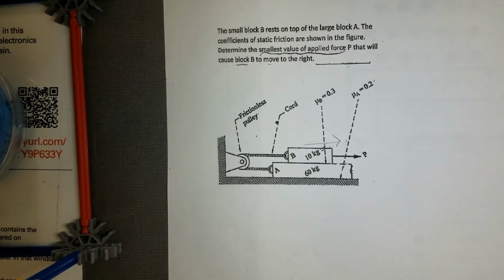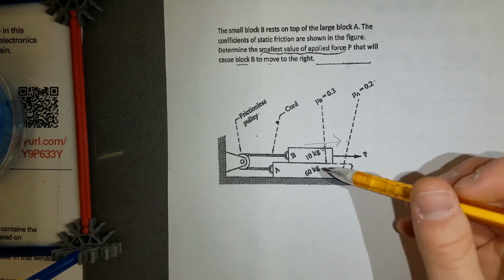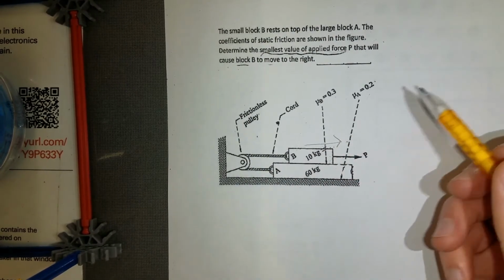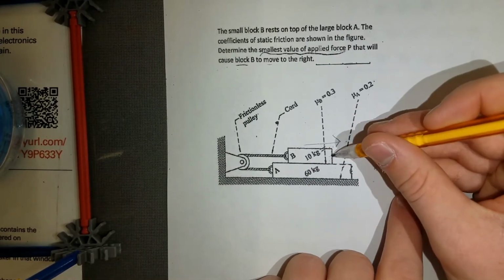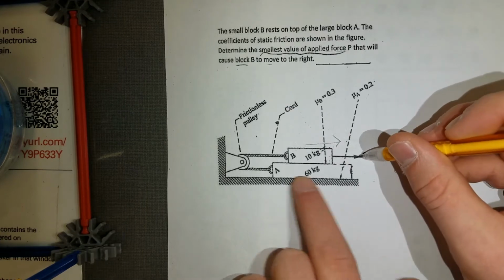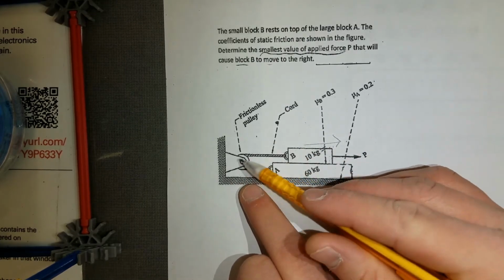And so this is where we need to look at our free body diagrams, but we also need to think about just exactly what is going to be happening in this case. If we take a look at this diagram, B is on top of A, there's a P force acting on B, and there's a pulley with a rope between them.